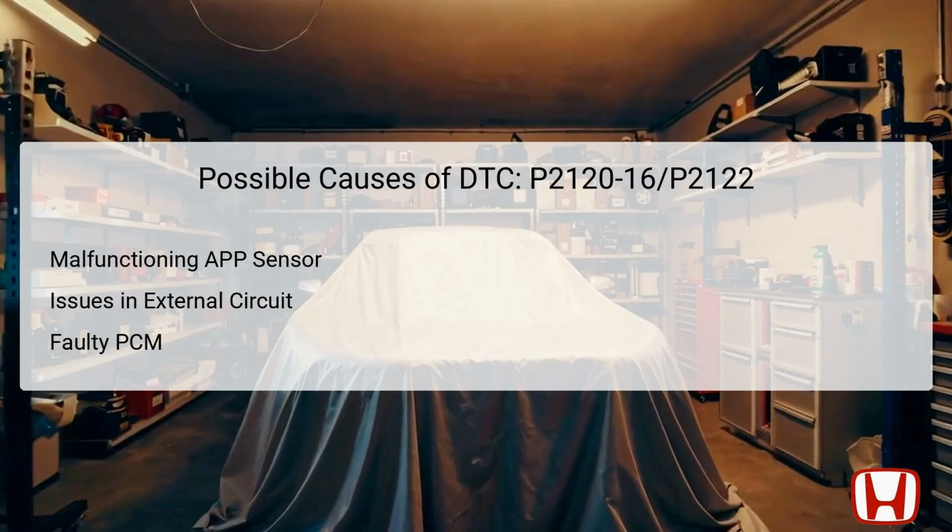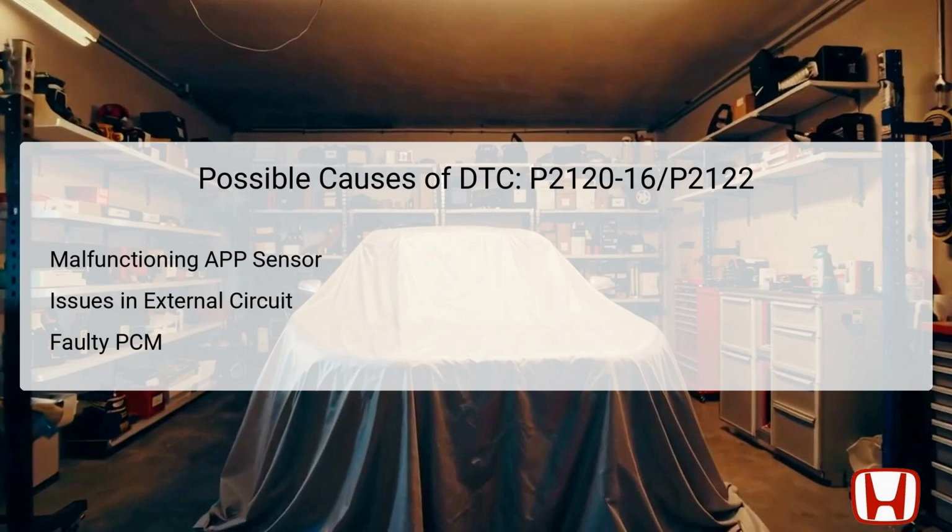Several potential issues may trigger DTC P2120-16, P2122. First, a malfunctioning accelerator pedal position (APP) sensor A can produce a circuit low voltage signal, indicating that the sensor may be failing. Additionally, problems may arise in the external circuit connecting the APP sensor to the powertrain control module, PCM.